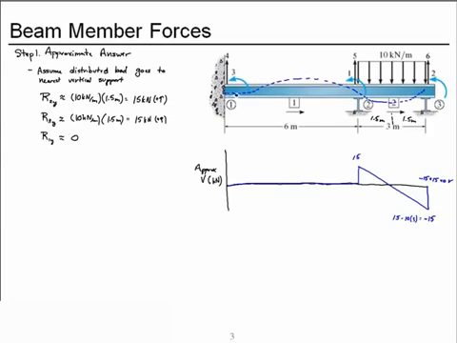Because it's fixed at this end, the slope must be 0, be concave up because of the downward distributed load. But in order for this shape to occur, we'll need a downward reaction. So I actually expect a small negative value here. Let's see.